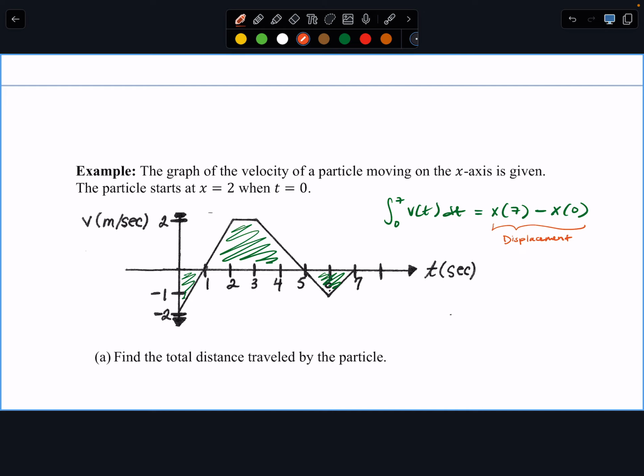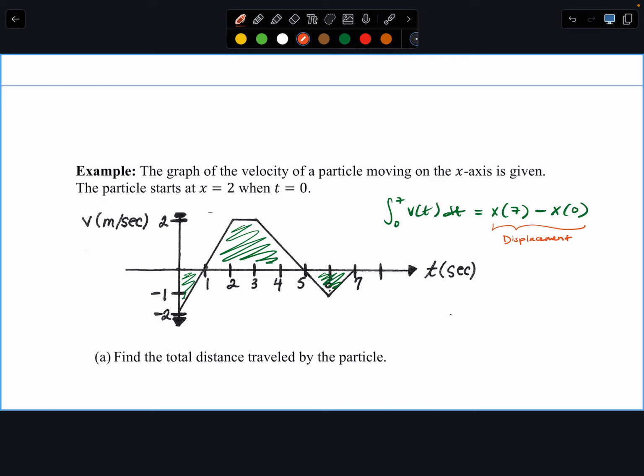If we thought about integrating velocity from 0 to 1, we would get a negative value that would represent the particle's displacement between 0 and 1 second. And the negative would indicate that it went in the negative direction, right? Whatever that number is, it would be negative.